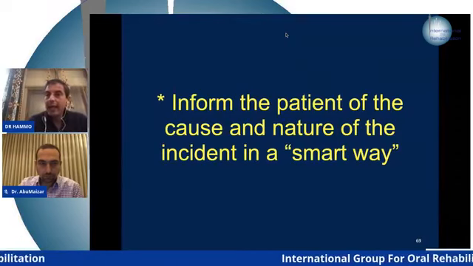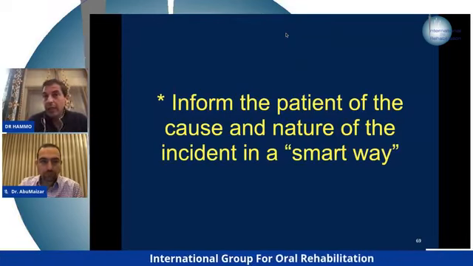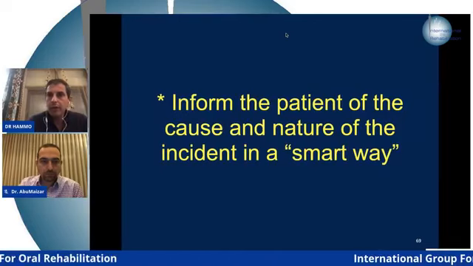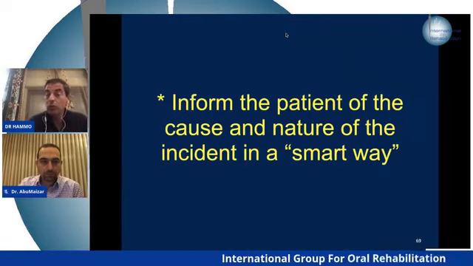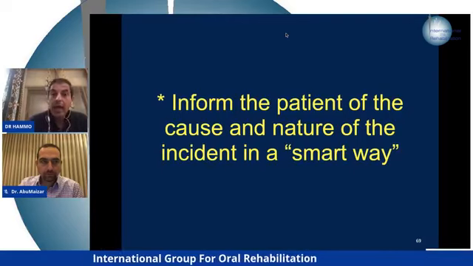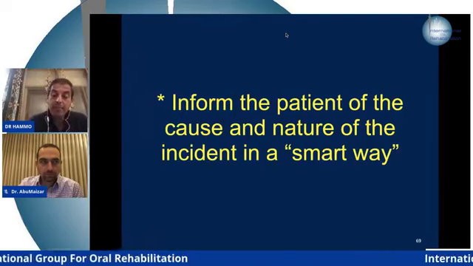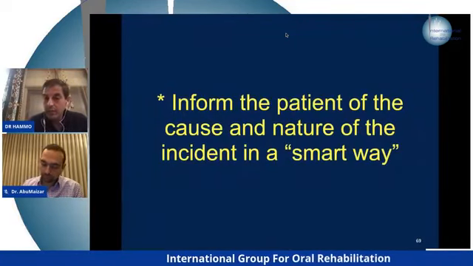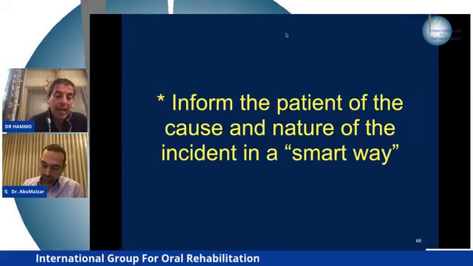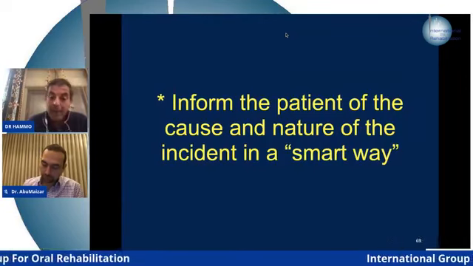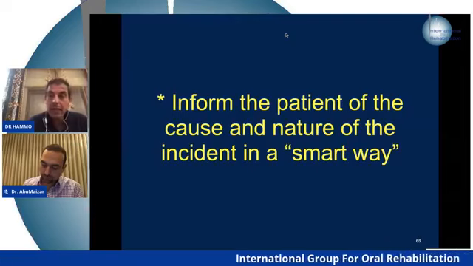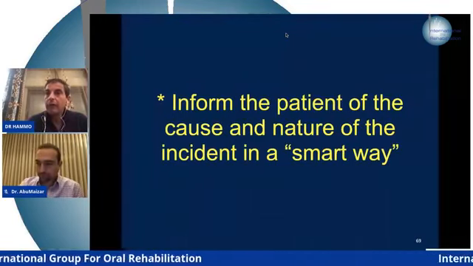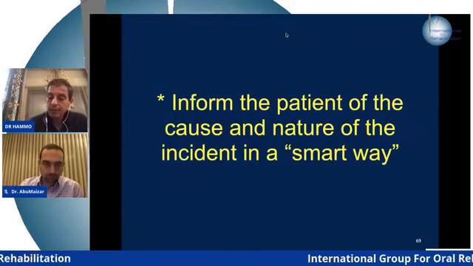You can tell your patient, unfortunately, a sort of reaction happened due to sodium hypochlorite, and this reaction might have certain consequences, as we will see here. So inform the patient and tell the patient what will happen after a while, because he will face real trouble after going home, as we will see here.